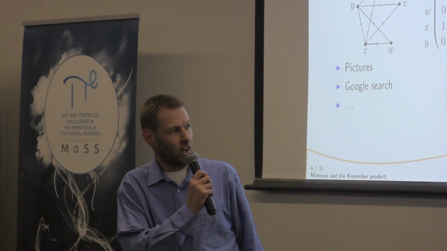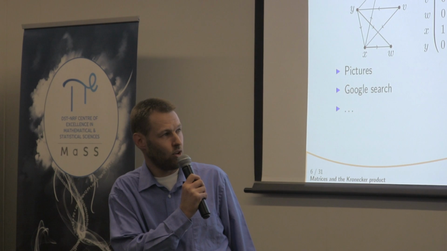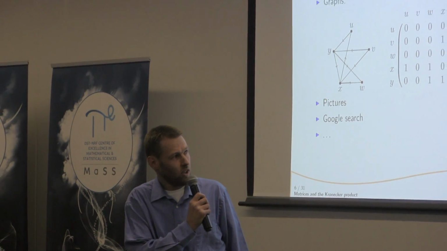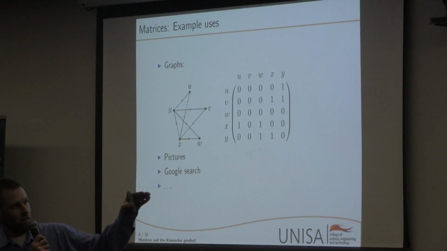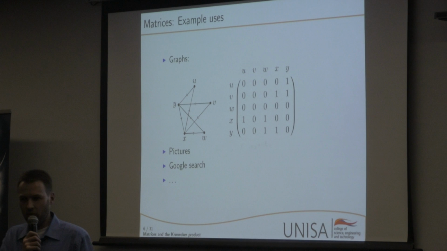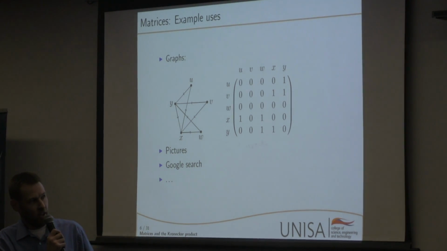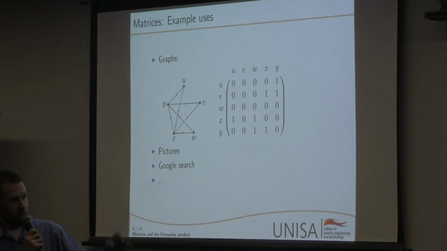This is an example of a directed graph. So we can see, for example, from the node U, we can get to the node Y. And so if we look at the first row, we see U, the first row, and Y, the last column. There is an entry 1, which indicates that we can get from U to Y. All the other entries are 0, so from U, you cannot get to any other node.